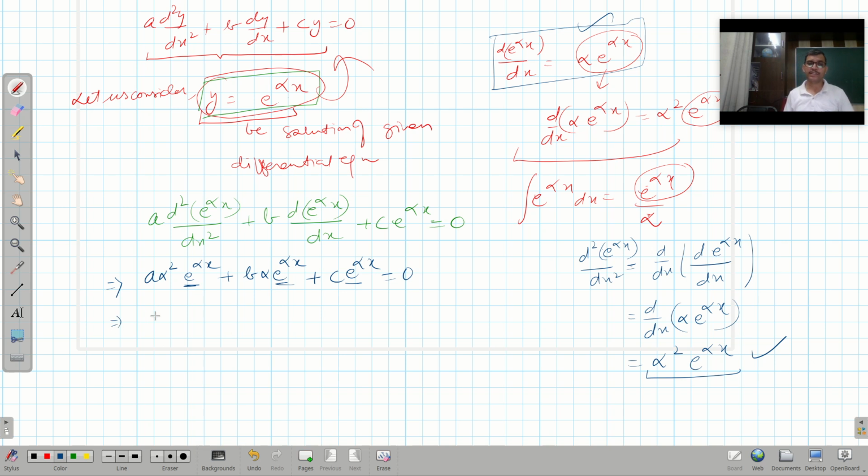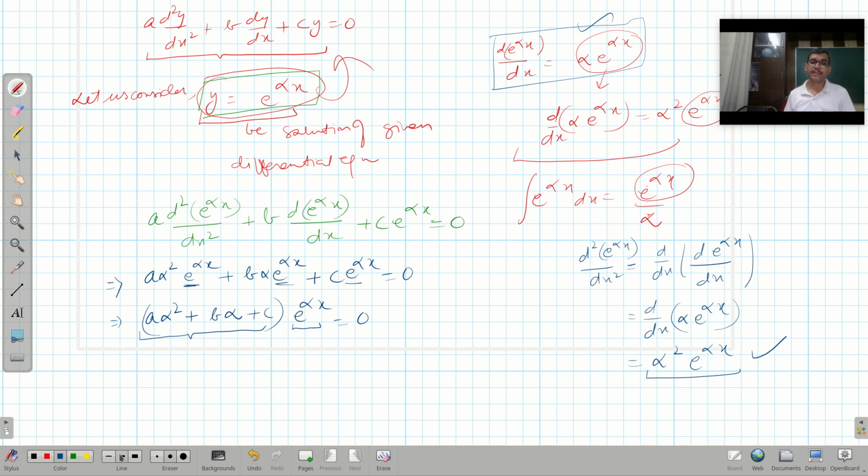Inside remains a alpha square plus b alpha plus c, and outside e raised to power alpha x, equal to 0. So these are two factors, and the product of two factors will be 0. It is possible if either the first factor is 0, or the second factor is 0, or both are 0.